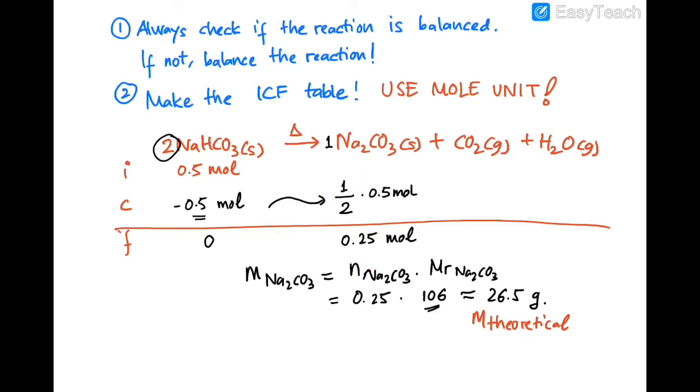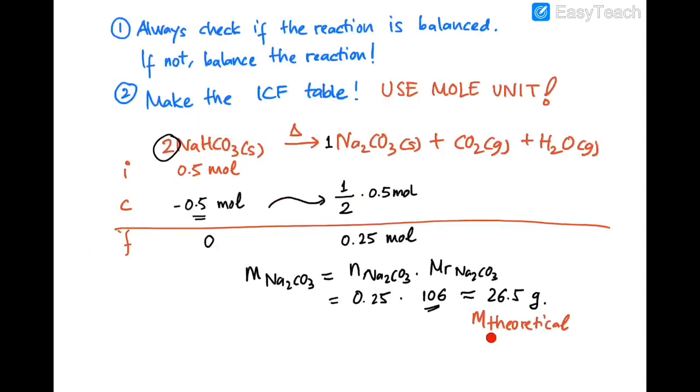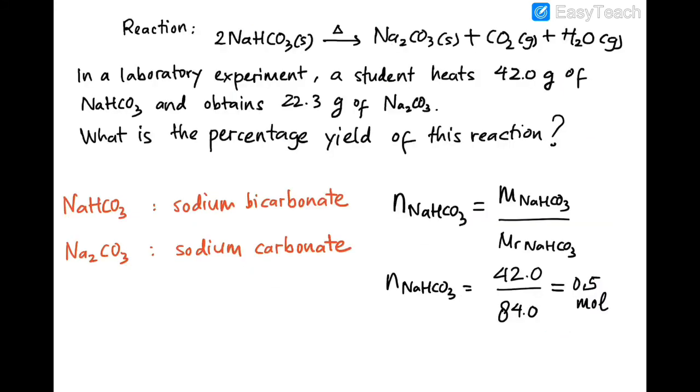And according to the experiment, we know that we got less. So this student only has 22.3 grams, while from the calculation, we are supposed to obtain 26.5 grams. So therefore, we can now determine the yield that is being asked in this question.